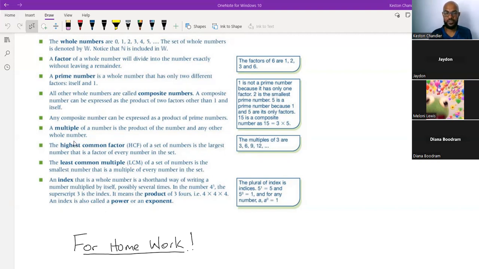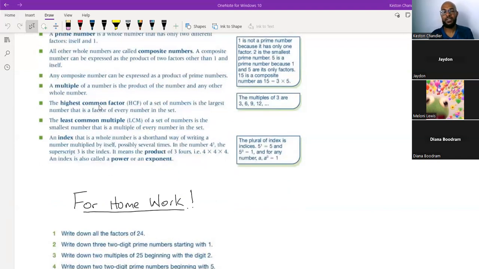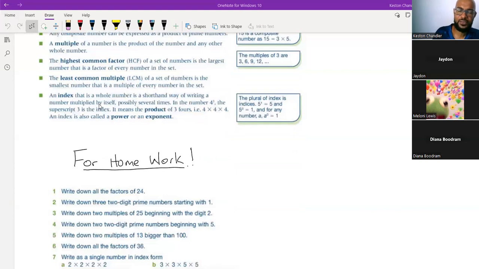And more importantly, instead of knowing it, we need to know how to calculate it, right? Index, this is where we write numbers to a particular power or exponent. So for example, if I have 2 multiplied by 2 multiplied by 2, right? We could write that as 2 to the power of 3. And that number to the top there is what we refer to as the index or the exponent, right?